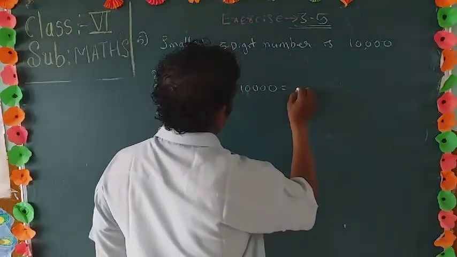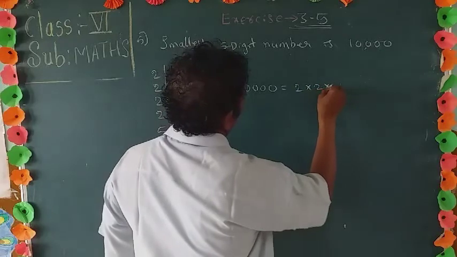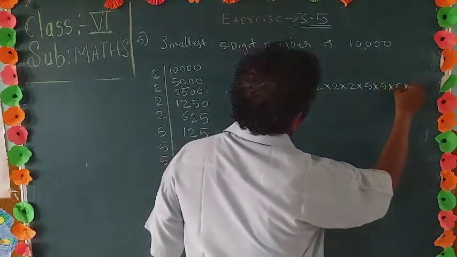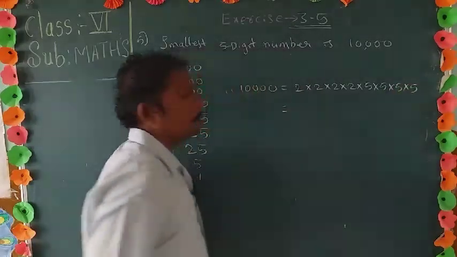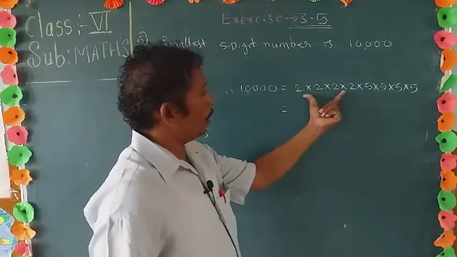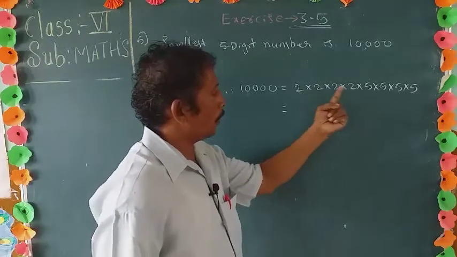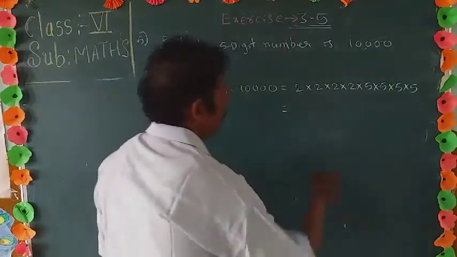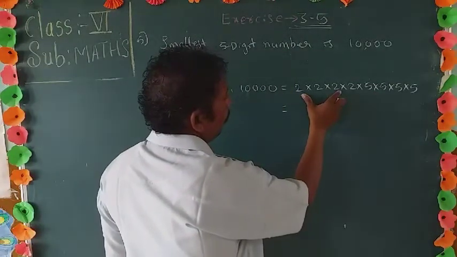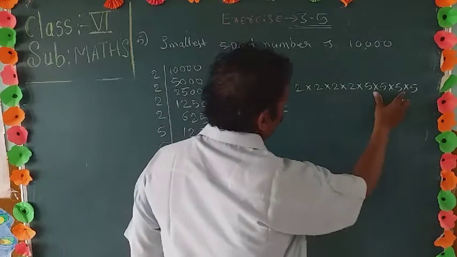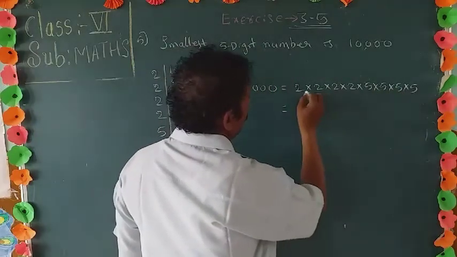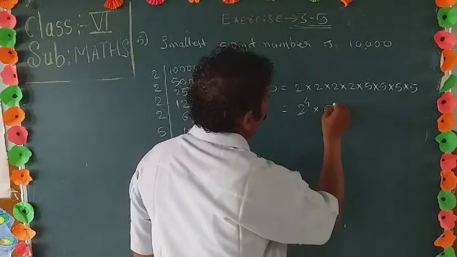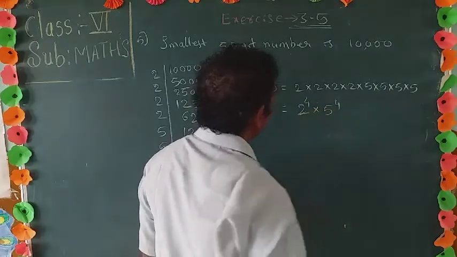That is equal to 2 multiplied by itself 4 times and 5 multiplied by itself 4 times. So we can write this as 2 to the power 4 into 5 to the power 4.